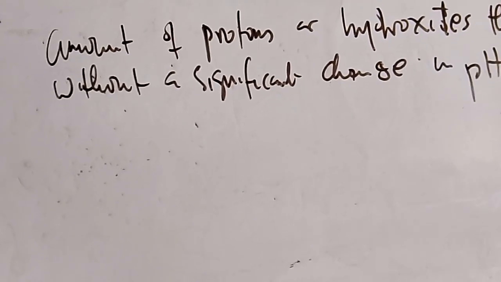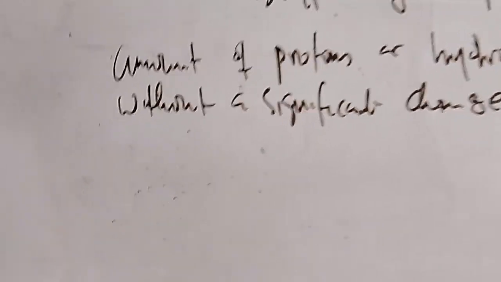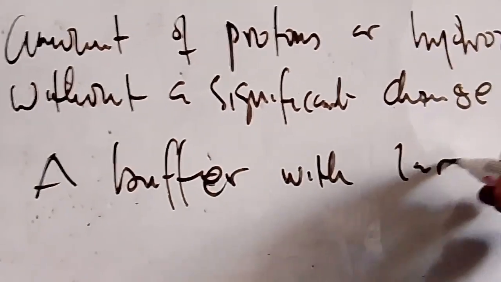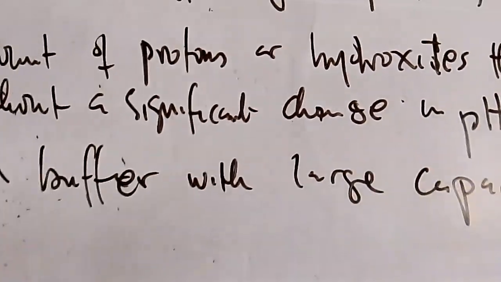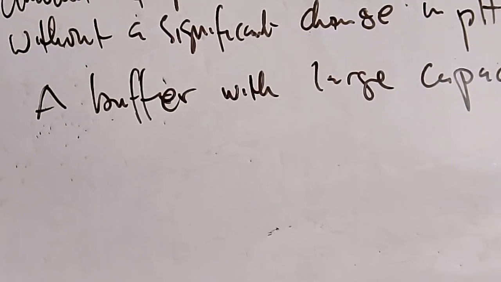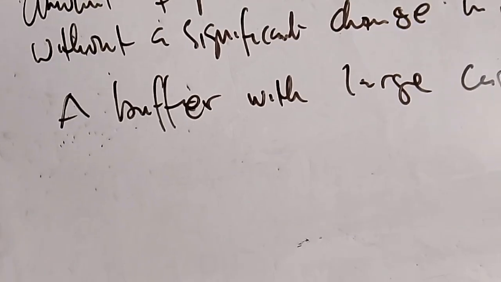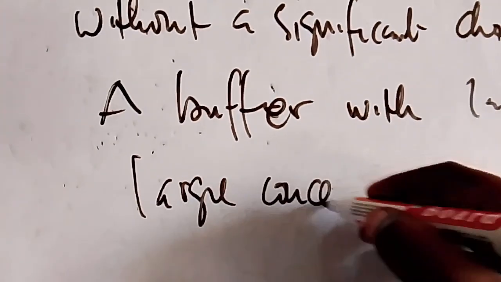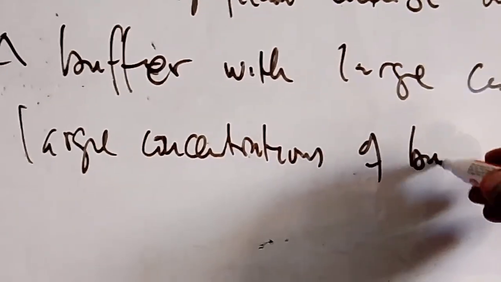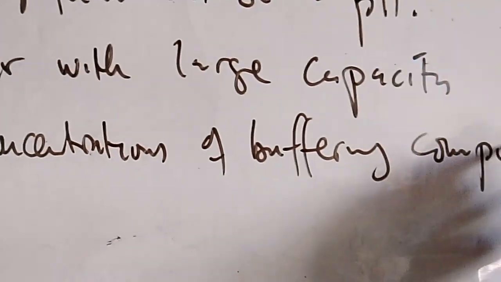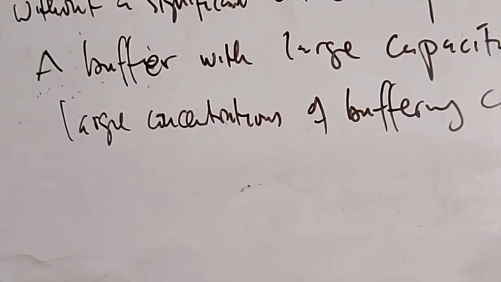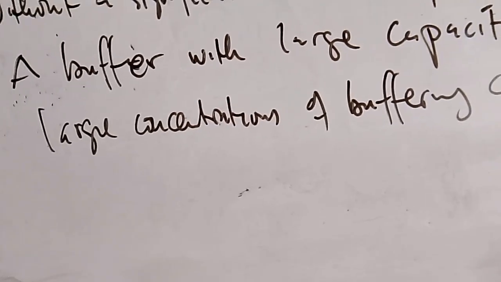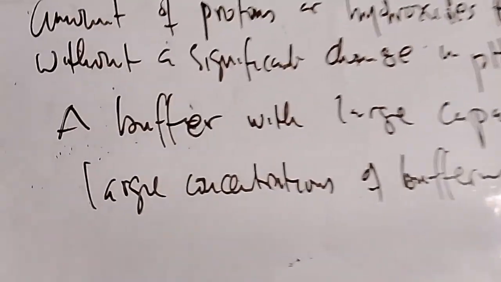A buffer with a large capacity contains large concentrations of buffering components, and so can absorb a relatively large amount of protons or hydroxide ions and show little change.